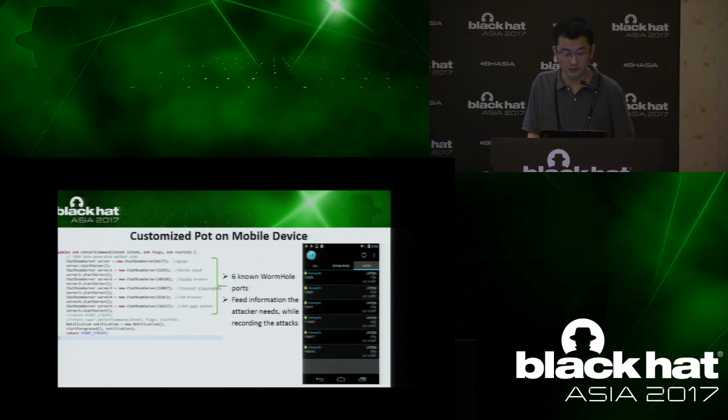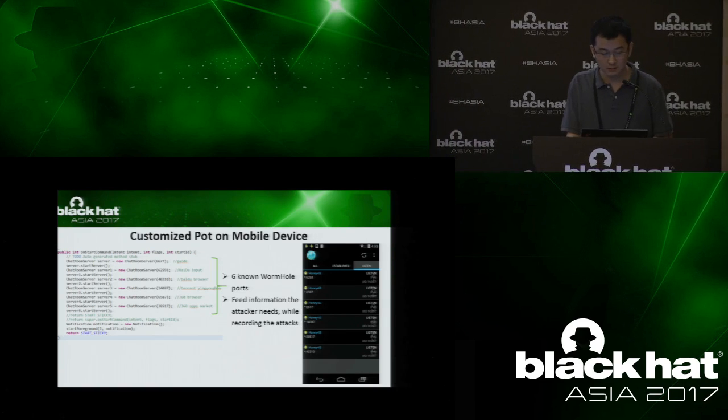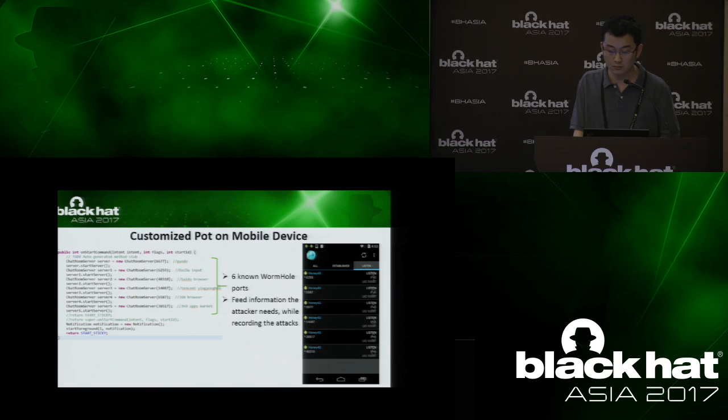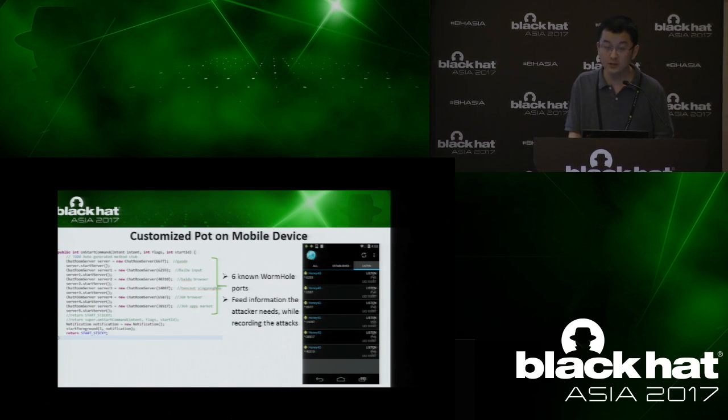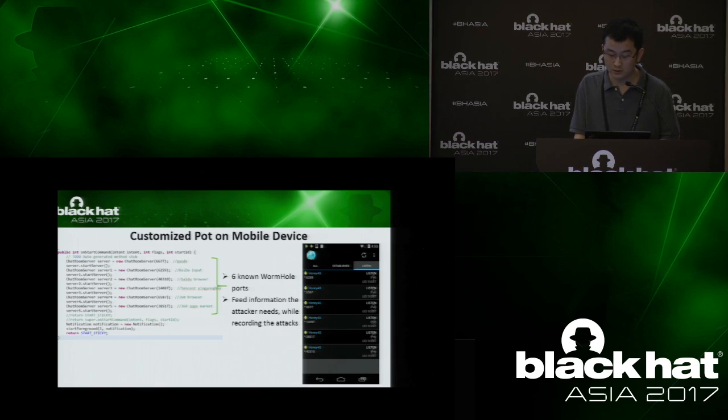The second one is the customized honeypot on real devices. We build an Android application which opens 6 well-known wormhole ports. When the attacker scans our honeypot, it will feed all the information the attacker needs and record the information of this attack.